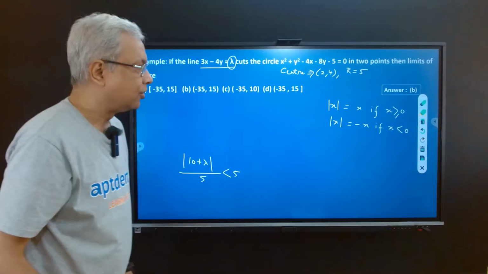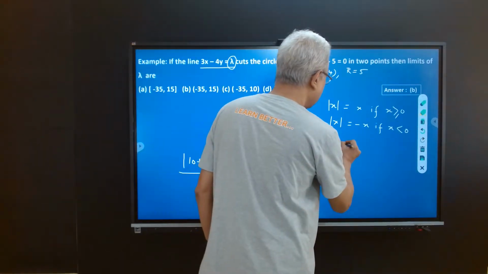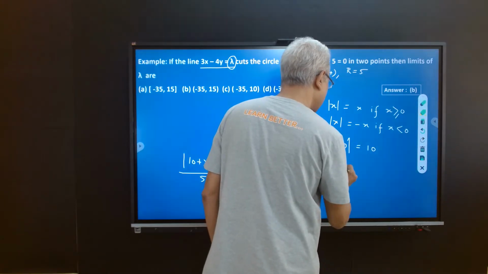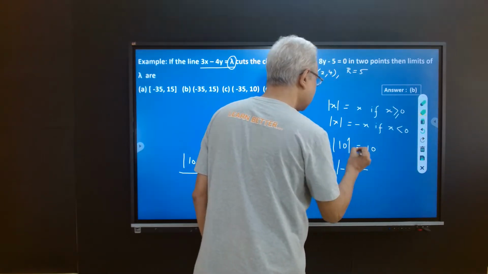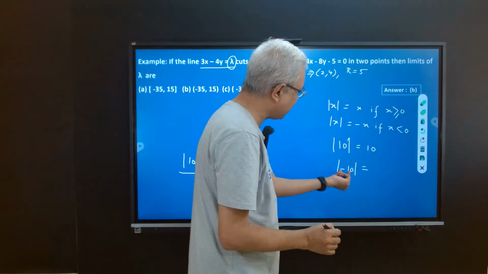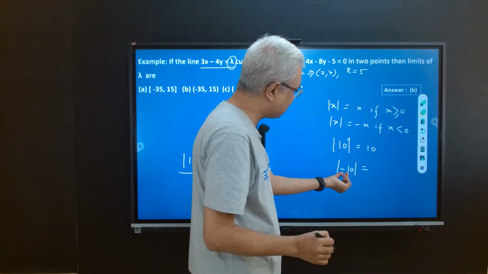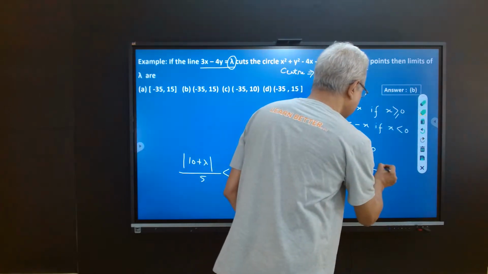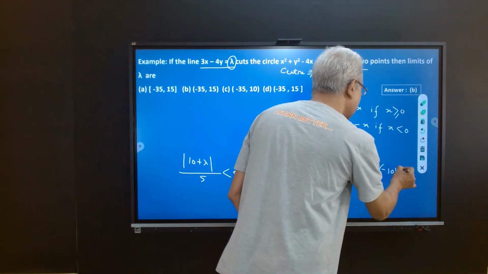So mod 10 is 10, but mod minus 10 is how much? Here x is minus 10. Since x is less than 0, negative, it is minus x, so it is 10. Okay.